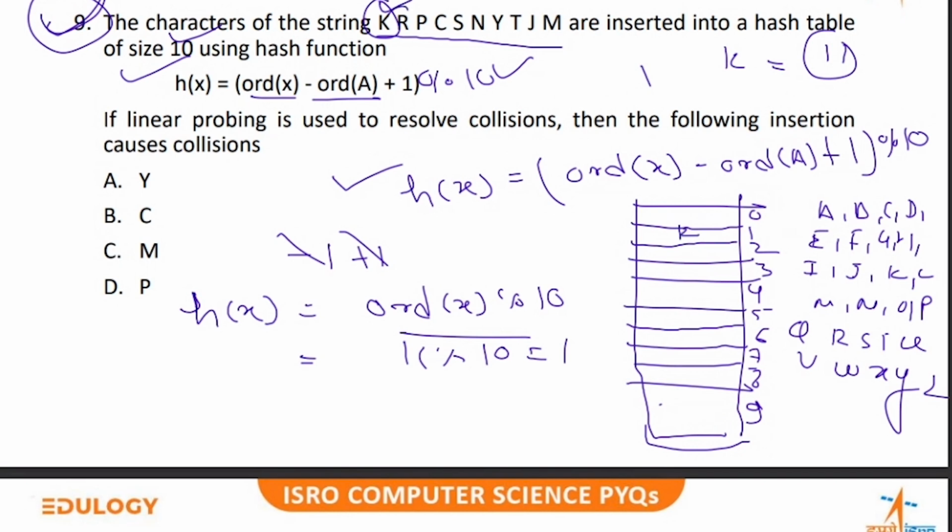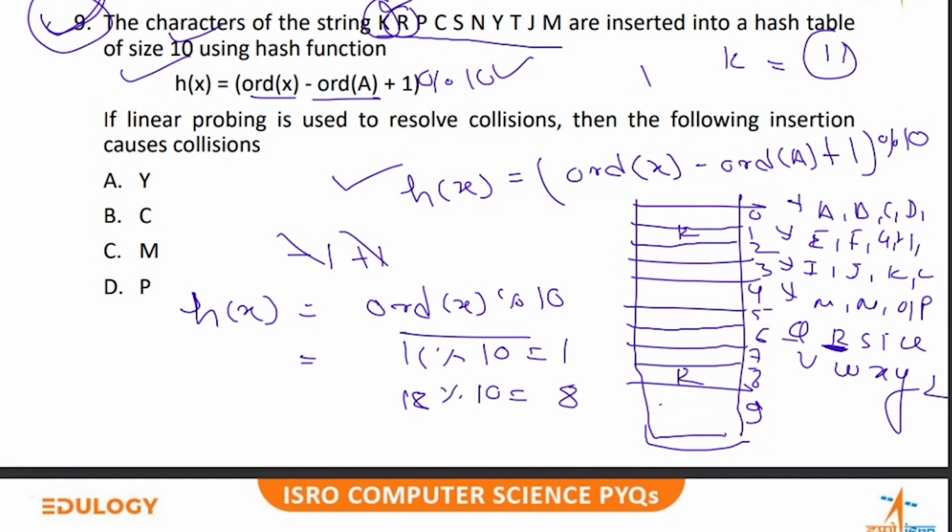Now r: the position of r is 18, and 18 modulo 10 is 8. So r will come at position 8.